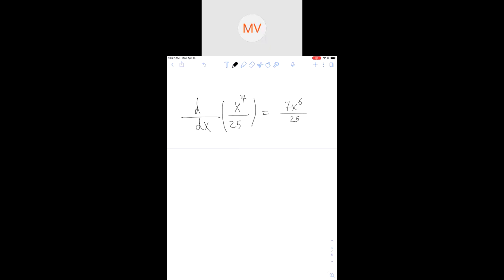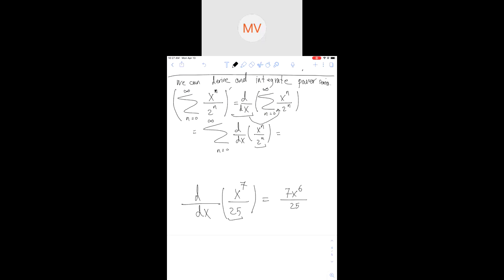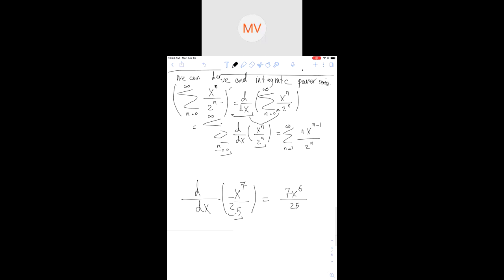So the denominator has nothing to do with x. We do the same thing here. This denominator is a constant with respect to x. So simply take the derivative of x to the n, which is n x to the n minus 1 over 2 to the n, and you still keep taking the summation. If you plug in n equals 0, remember the original one starts from 0, you're going to have 0. So for that reason, we started from 1 to infinity. They are the same.